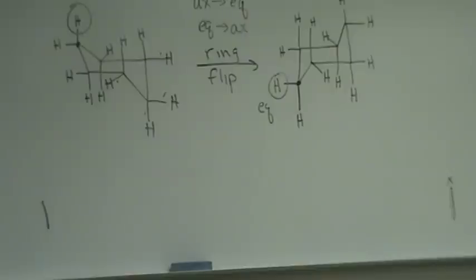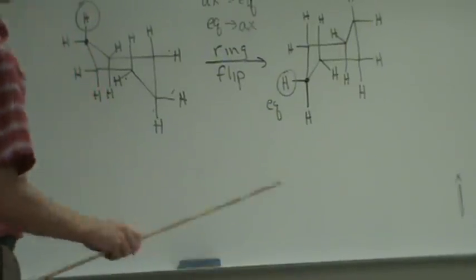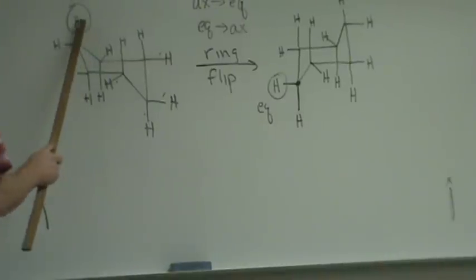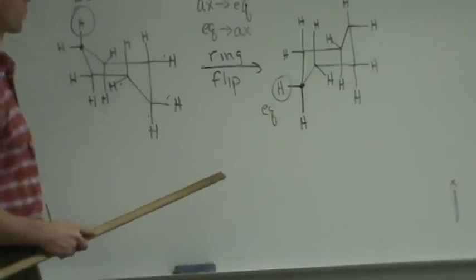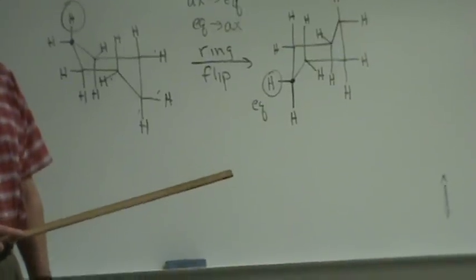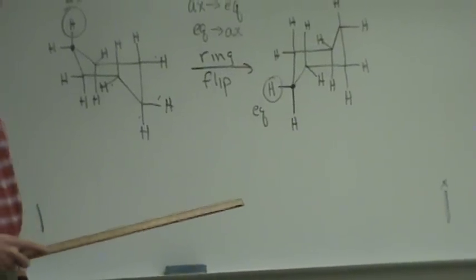So now you should be able to draw ring flips of cyclohexane and know the important property that anything that was axial becomes equatorial upon that ring flip.